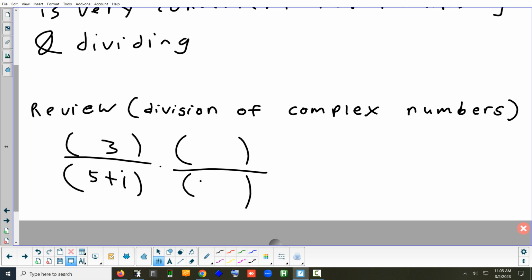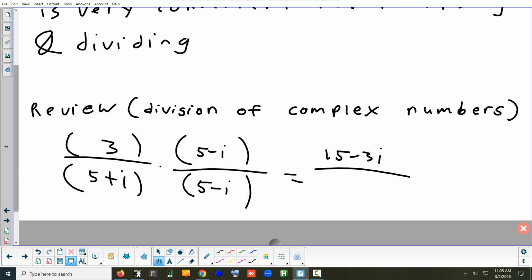So when we multiply by 5 minus i, the top actually isn't too bad. It's a single distributive. If the top had a real and an imaginary, we would have to FOIL that out. But we don't have to. So at the top, we get 15 minus 3i.